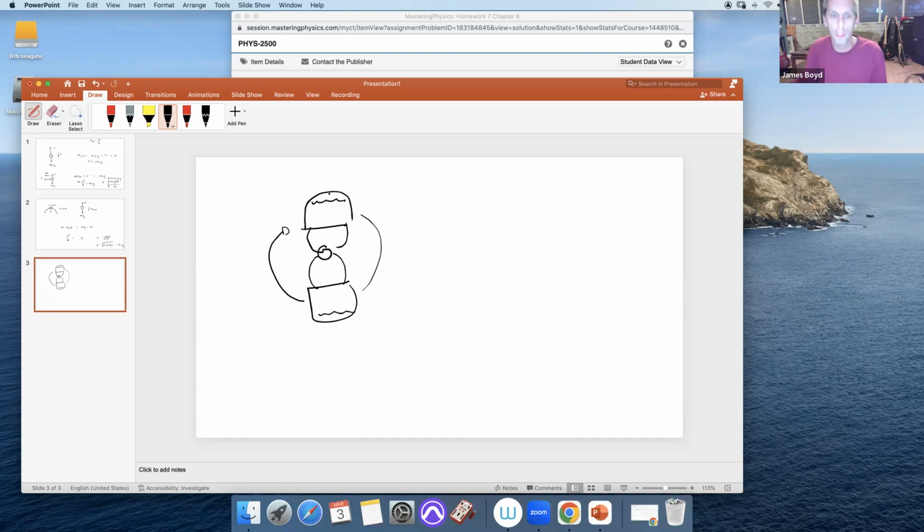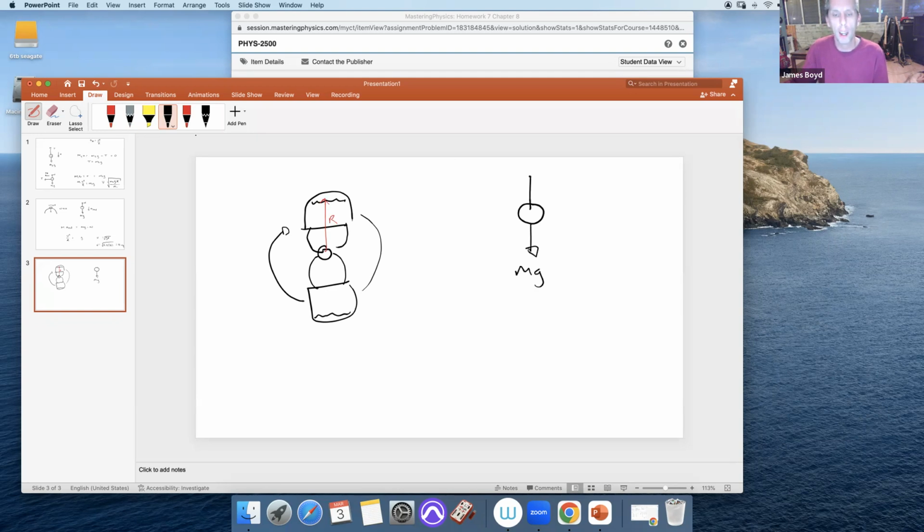What we're concerned with is at the top, and so our R is actually, I'll draw that in red, the distance from the handle to the bottom of the bucket. If we look at the water, it has a weight, mg.